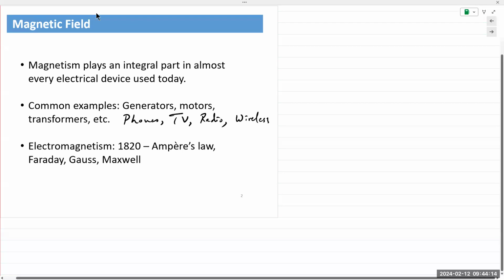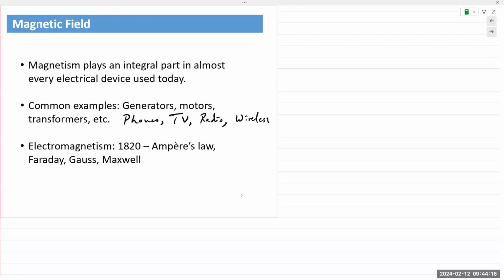And then subsequently, there are many other researchers who were doing research in the same area. Some of the famous ones I've listed here: Michael Faraday, Carl Gauss, James Maxwell. They developed many of the basic concepts of electromagnetism. Now, always a word of caution when it comes to science. There's always lots of people working on the same stuff or the same topic around the world.